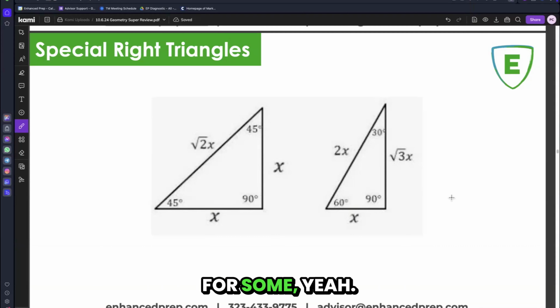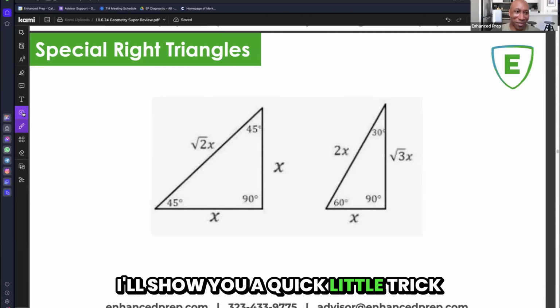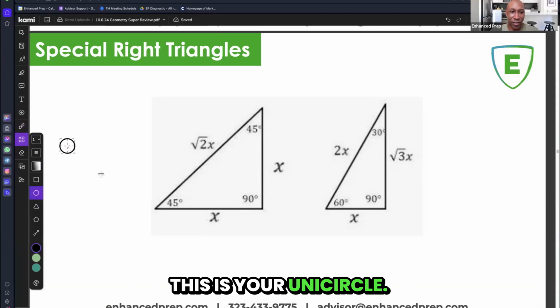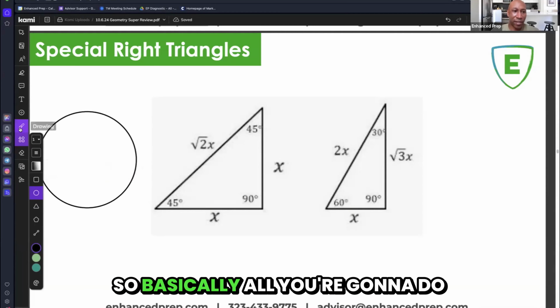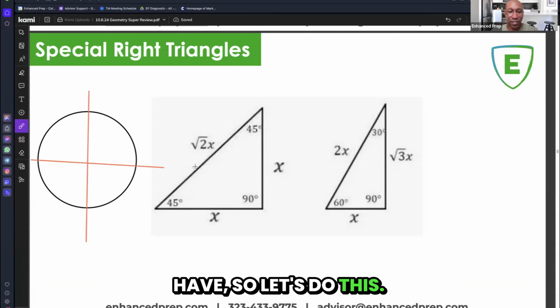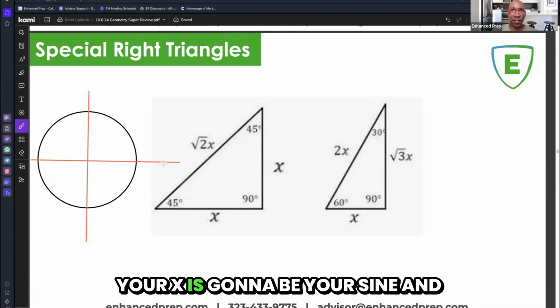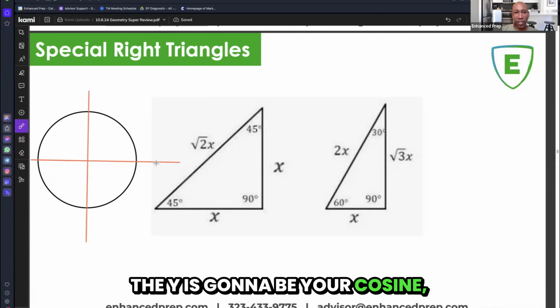It's actually not too bad. I'll show you a quick little trick for the unit circle. This is your unit circle. Actually, let me put it right here. So basically all you're going to do with your unit circle, you're going to have 3 different values, right? You're going to have your X value and your Y value. Your X is going to be your sine and the Y is going to be your cosine, right?